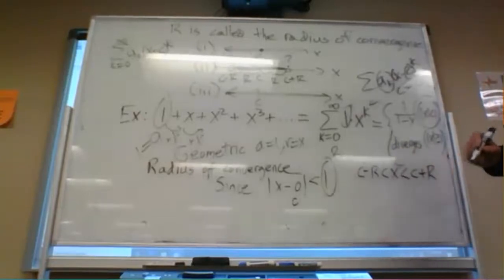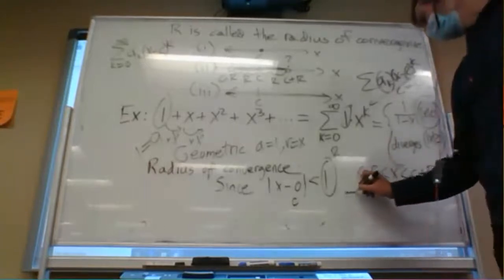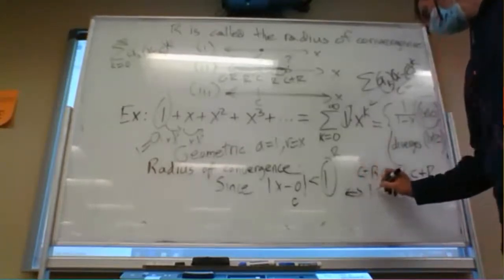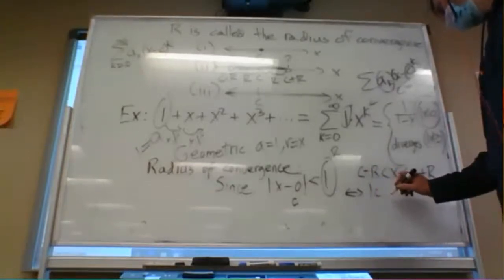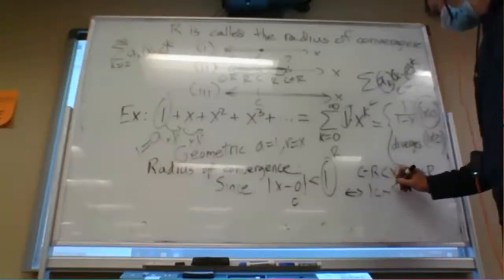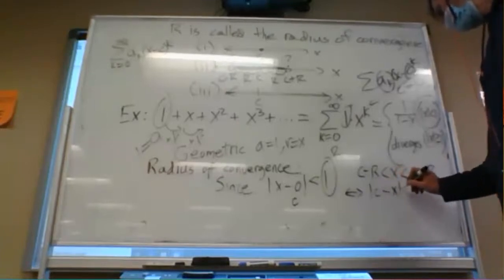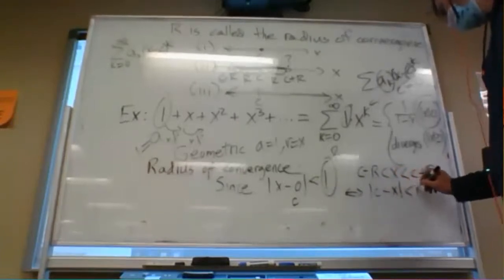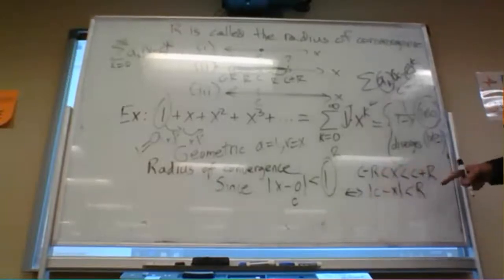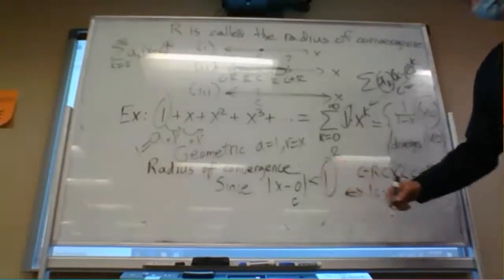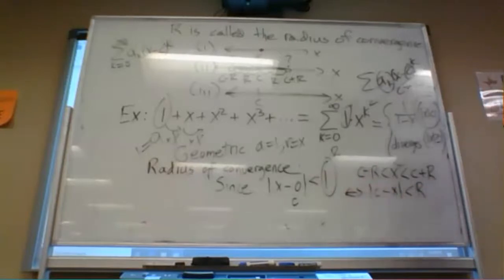Because that statement I wrote down, c minus r less than x less than c plus r, that was the interval of convergence in the second case, is equivalently absolute value of c minus x less than r.